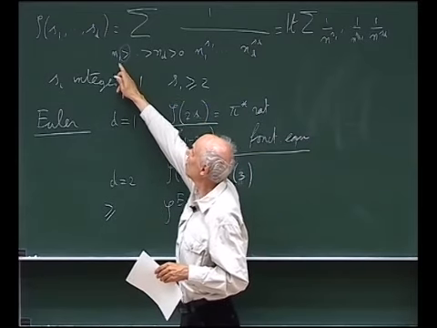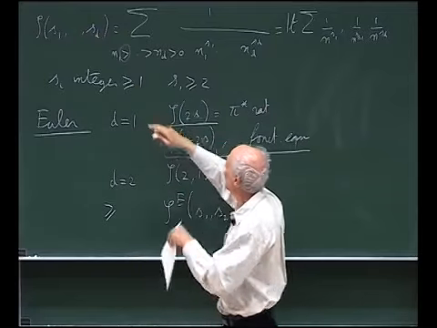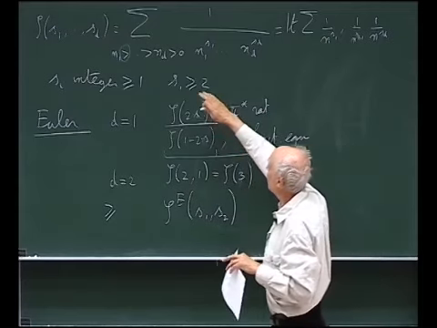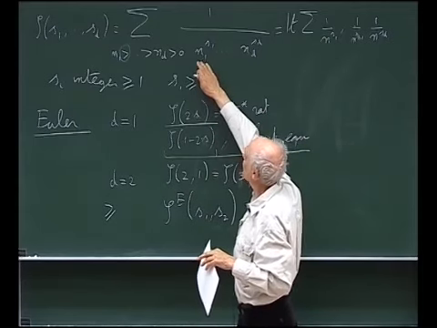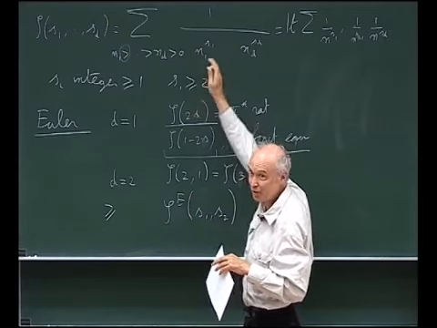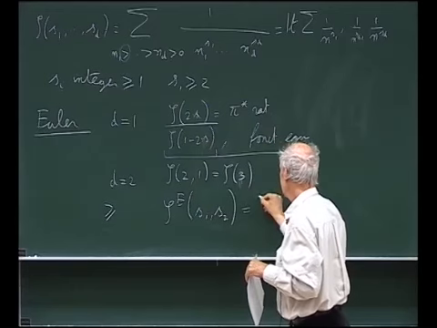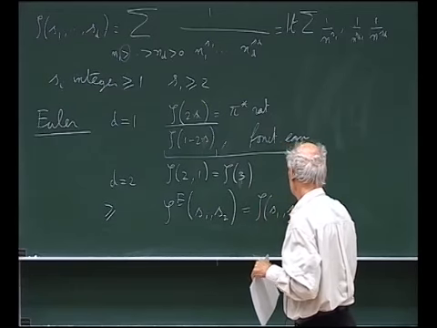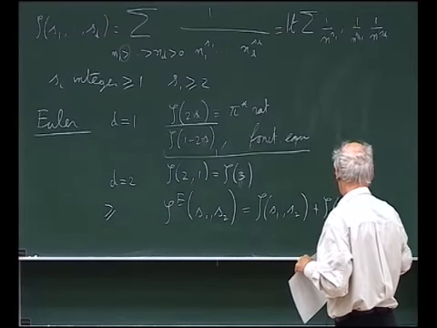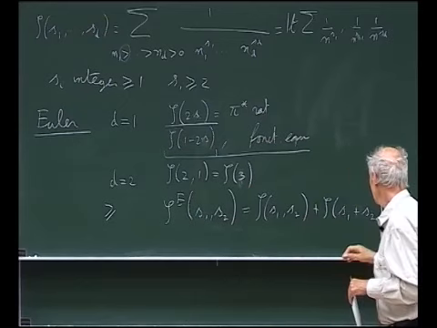For instance, in the sense of Euler, for S1, S2, he was not only summing when you had strict inequality between n1 and n2, but also an additional term where they were equal, which was just giving an additional zeta of S1 plus S2, the sum over n of 1 over n^S1 times n^S2.